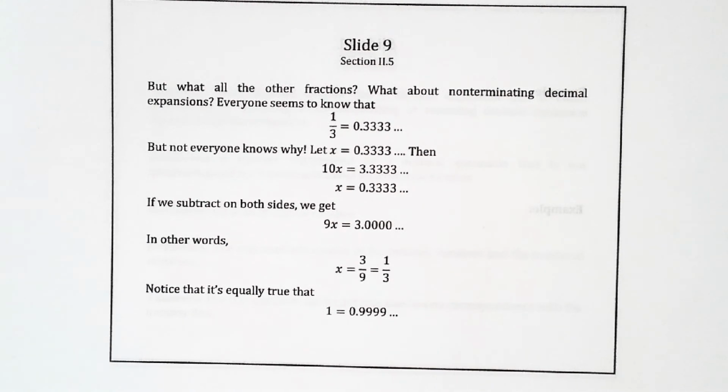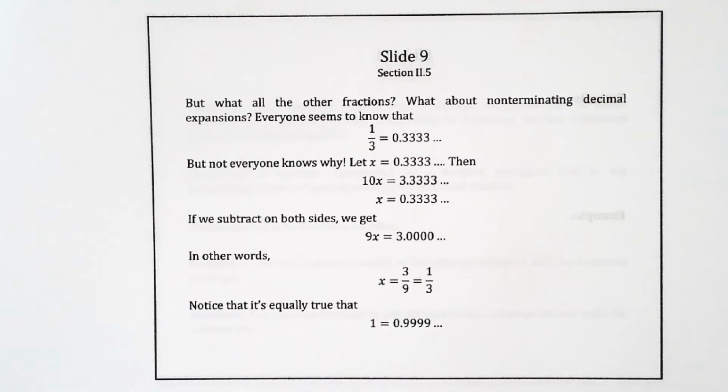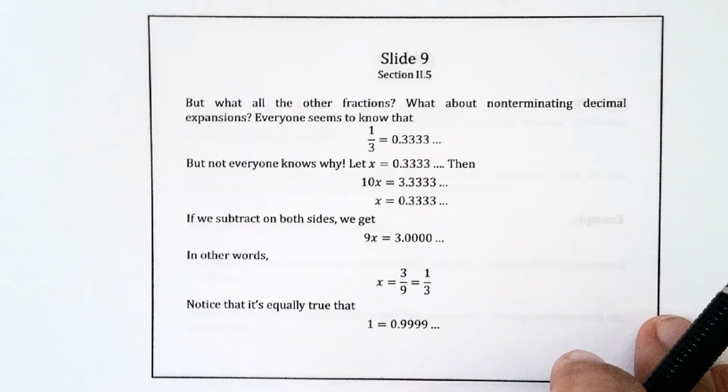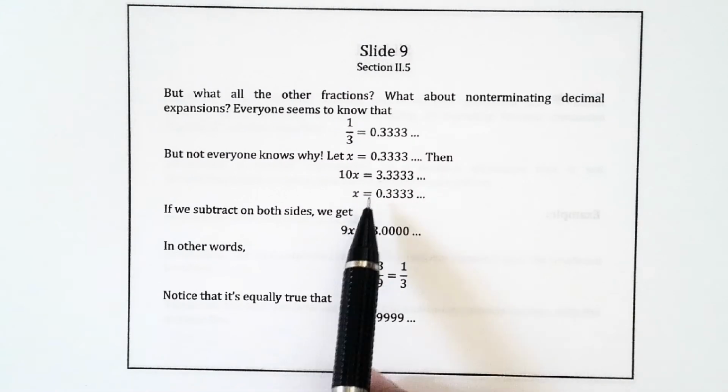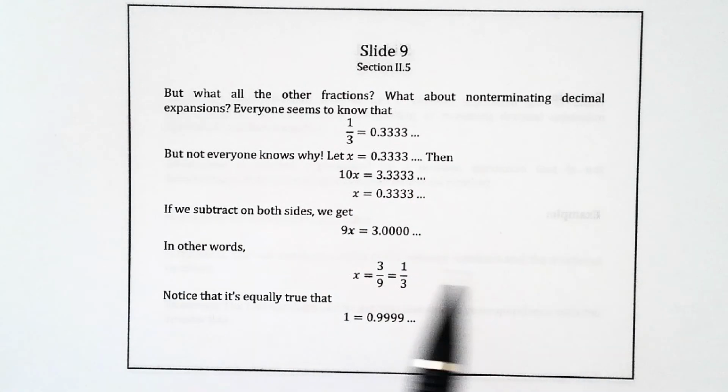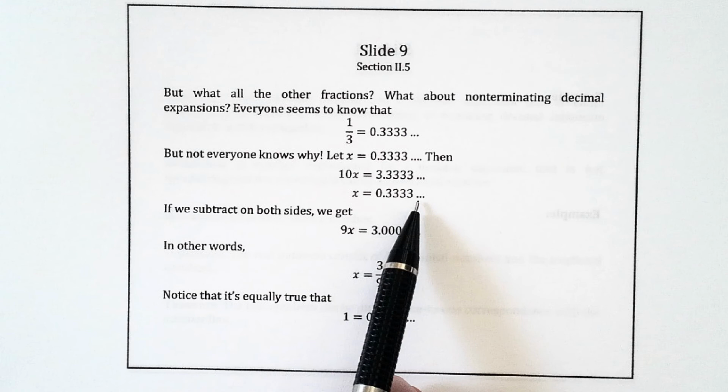So to see why that's true, let x be 0.333333 and so on. Then if I do 10 times x, it moves the decimal point one place to the right. So it's going to be 3.333333 forever. x itself is 0.333333 forever.